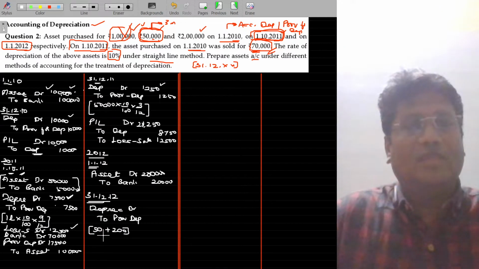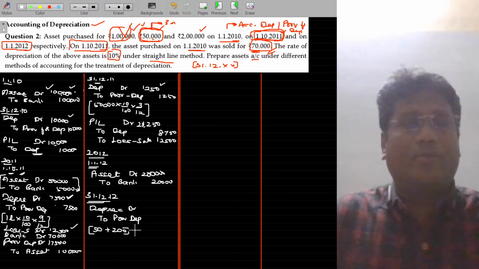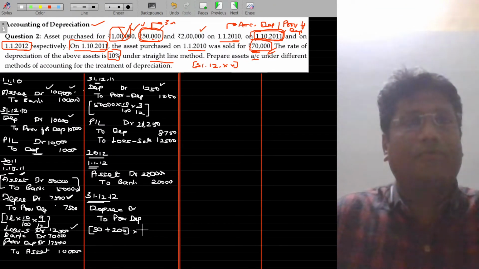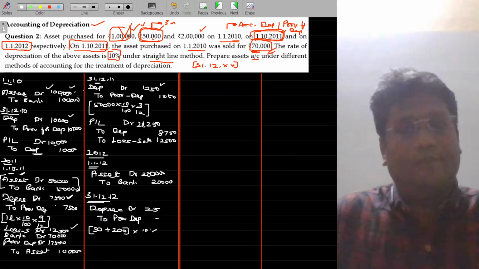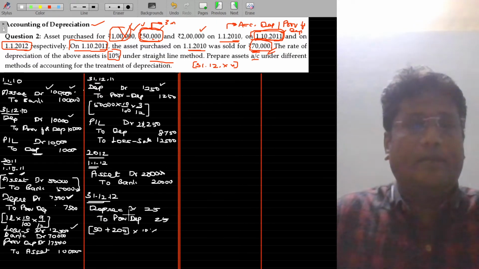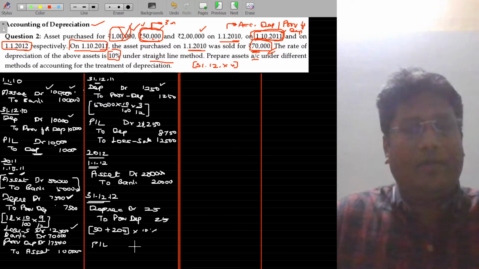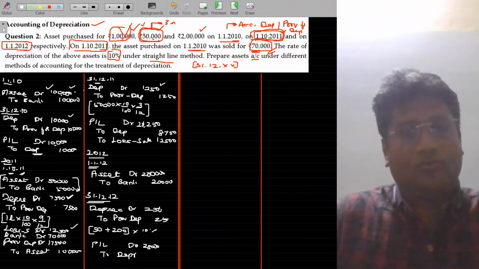We are going to create the depreciation on the original cost of 50 plus 200, at the rate of 10%, 25 and 25. And that depreciation will be transferred to the P&L account. Entry for that being P&L account debit to depreciation account. The value being 25,000. Okay.